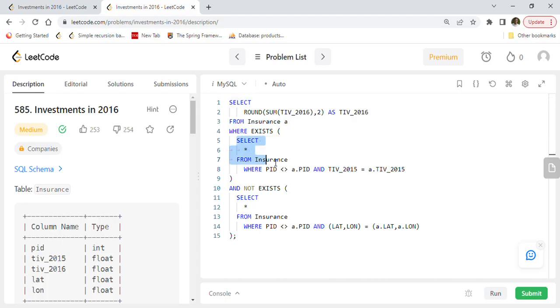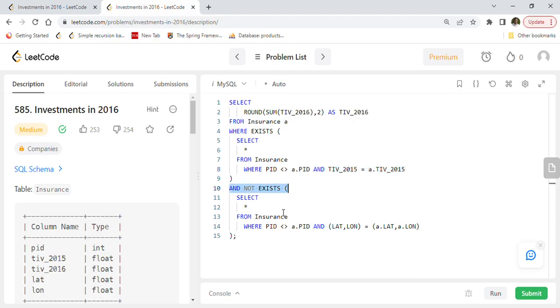So select star from insurance where PID is not equal to A.PID and TIV 2015 is equal to A.TIV 2015. It means that the TIV 2015 value is the same as at least some other record, and their PIDs are different, okay?